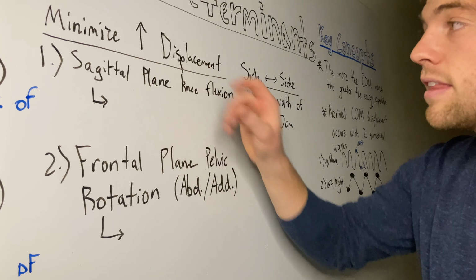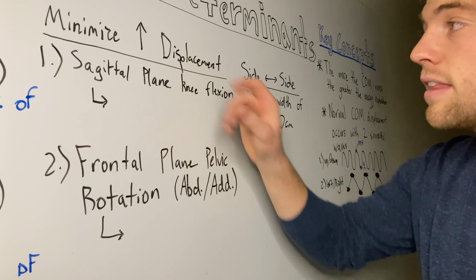But it's actually normal to see a little bit of a drop, like a half inch or an inch on the opposite side. And that's normal. That's what this is talking about. So let's say this is your right leg, when that right leg goes into mid stance, you're gonna see the left pelvis drop just a little bit. And when that drops, it helps decrease the center of mass as well, or prevent the center of mass from going up too high.